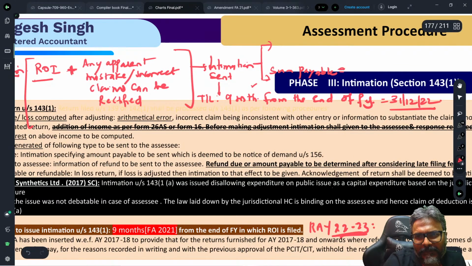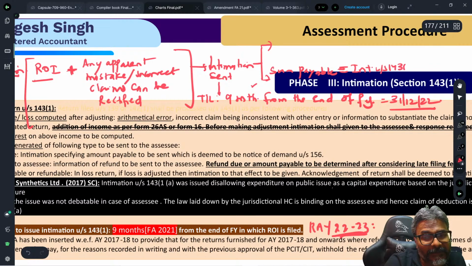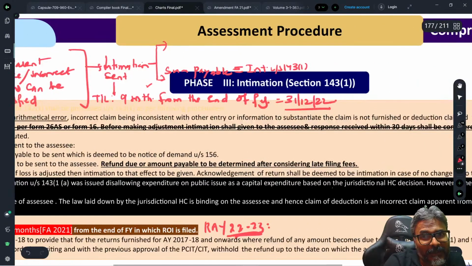If the sum becomes payable, students, then what will we say in this regard? Be very careful. The intimation that you will send under 143(1) will be deemed to be a notice of demand, NOD.